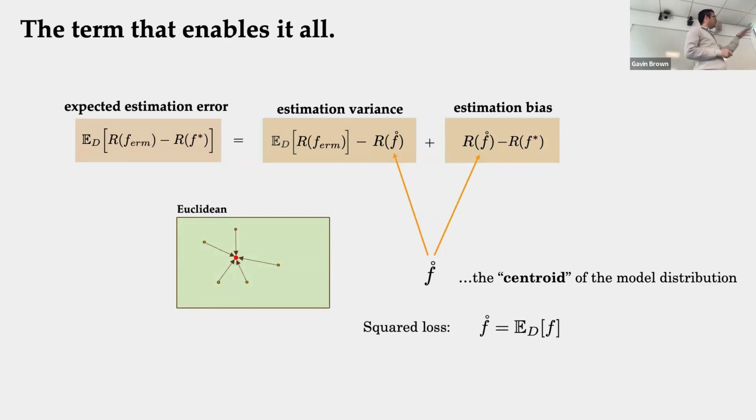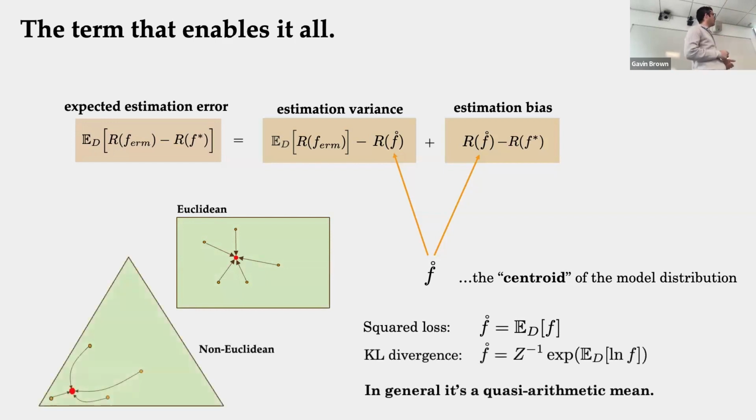If we use a different loss function, say cross entropy, it turns out that this is a geometric mean, because the loss itself has a non-Euclidean geometry. If you switch to another loss function, this term is, say, a harmonic mean or some other type of mean.